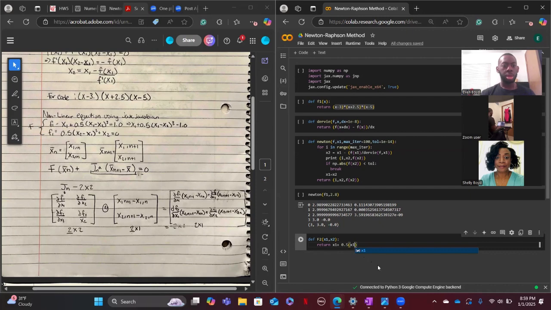So x1, 25 times, don't forget that, x1 minus x2 to the cubed root, minus 1. I'll put this in a bracket.